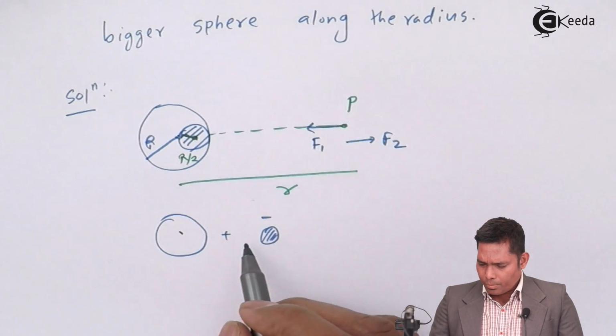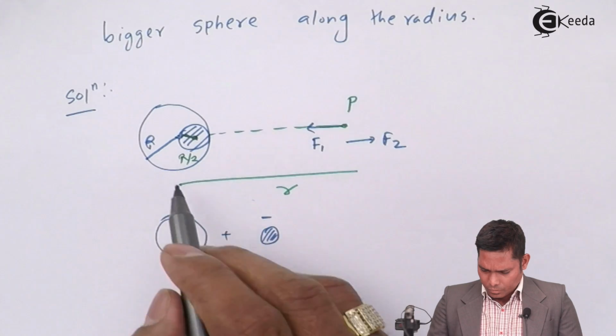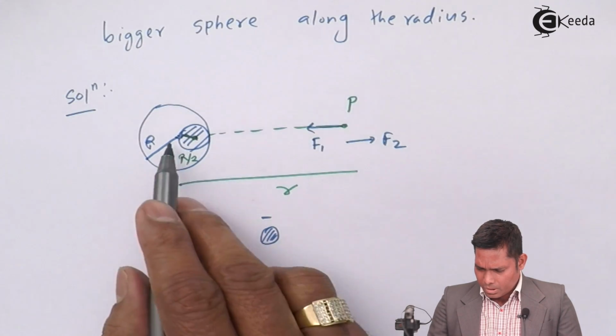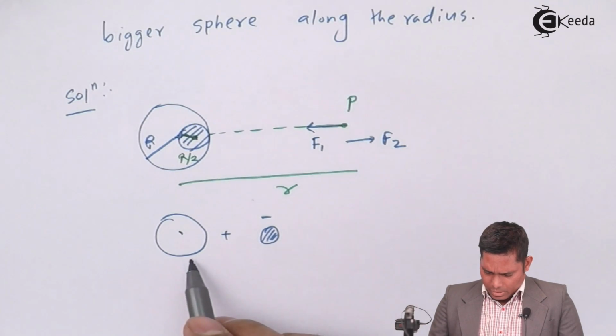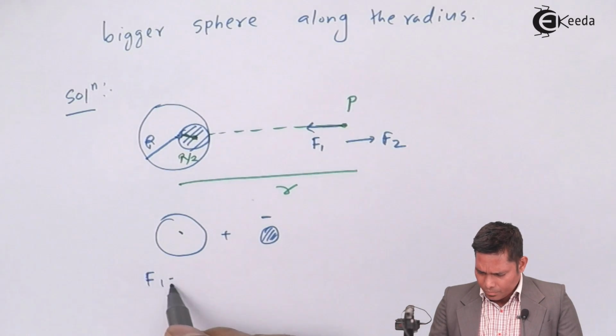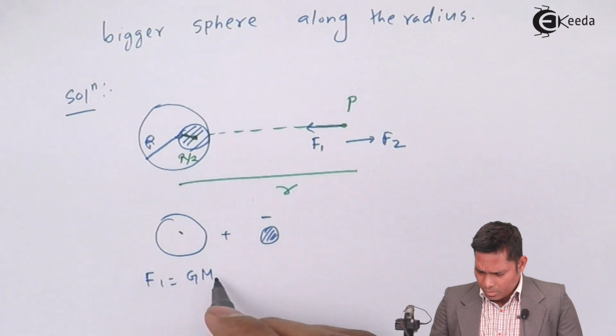So because of the bigger mass, the point lies at a distance r, and the force will be GMm over r square.